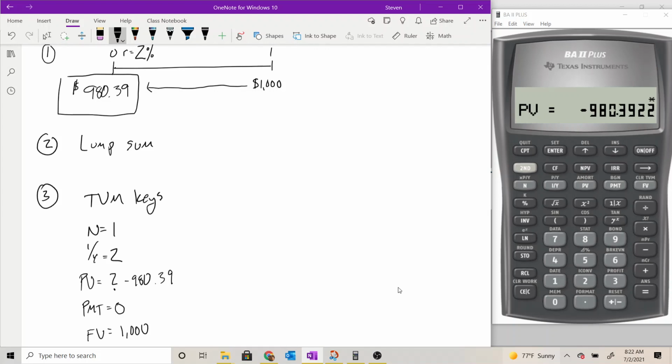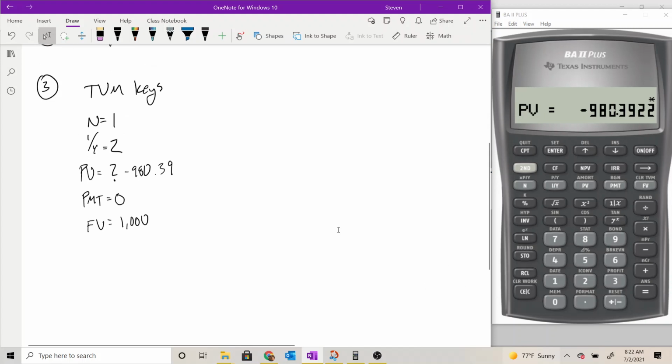They don't have to do this, but just for the sake of seeing a little more about what's going on, let's calculate the future value of that $980.39 at 2% interest.